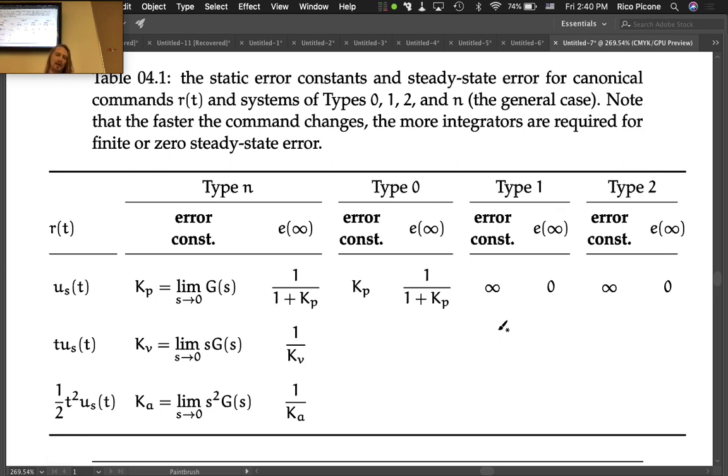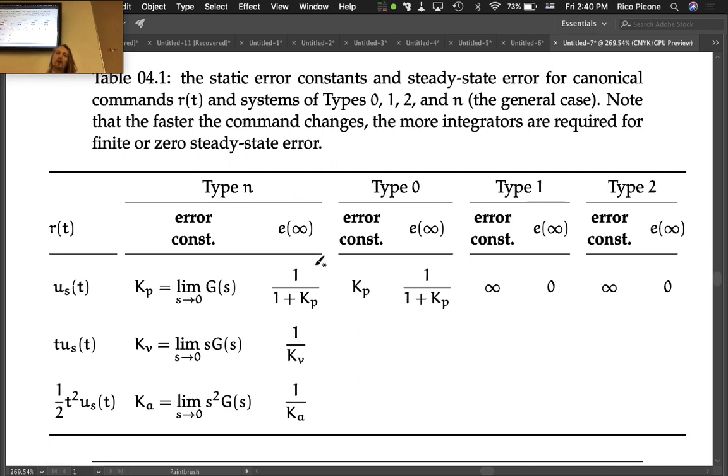It's similar. So there is a row for each of the canonical inputs here: the unit step, the unit ramp, and then this unit parabola, we could call it. And for a type n system, we're going to look at the error constant and then the steady state error.